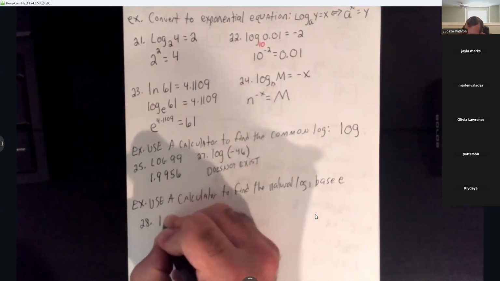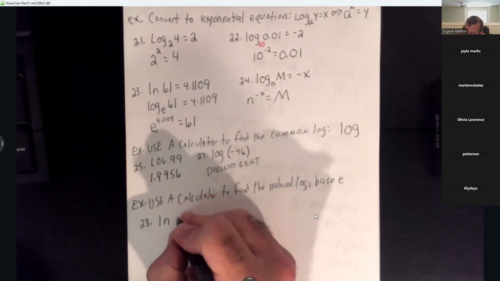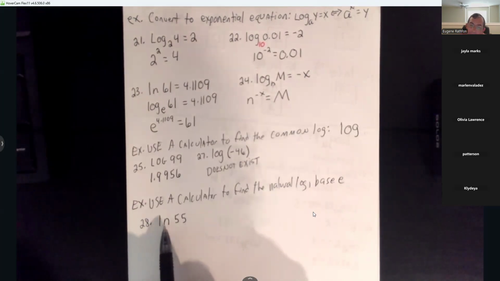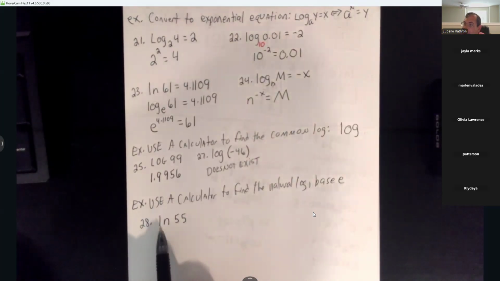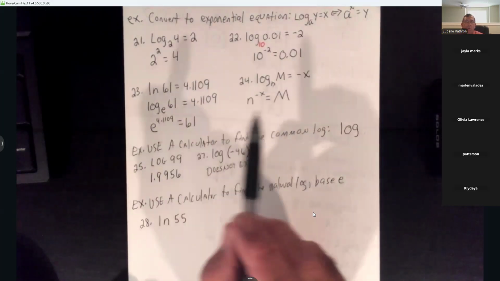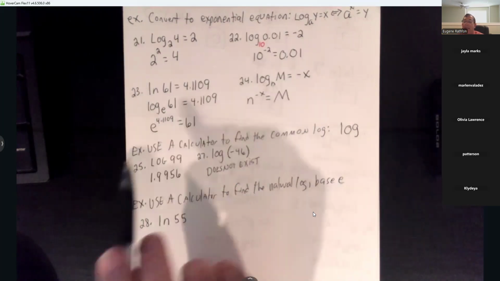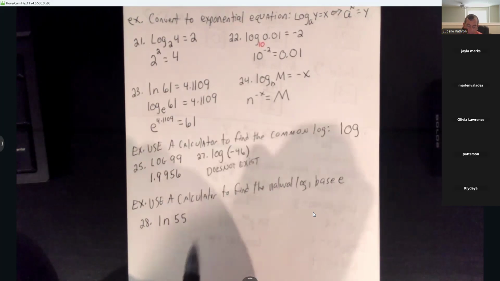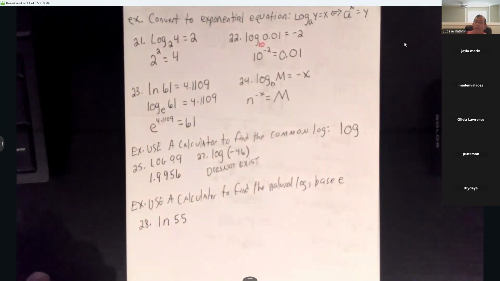So they got LN 55. Now, in MATLAB, if you ever have to write this, that is a LN, not an IN. It is a little L and a little N. Okay? That's why I was writing it earlier with the capital letters so you could understand that that's a LN. So we got the LN on front of the calculator also.